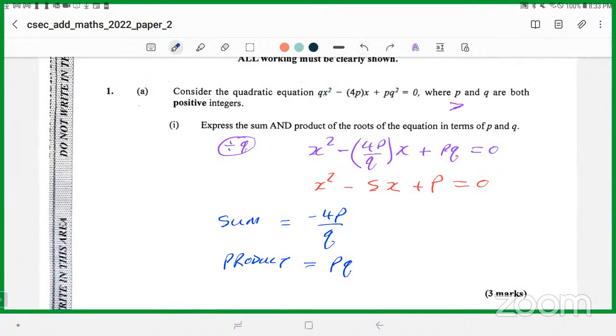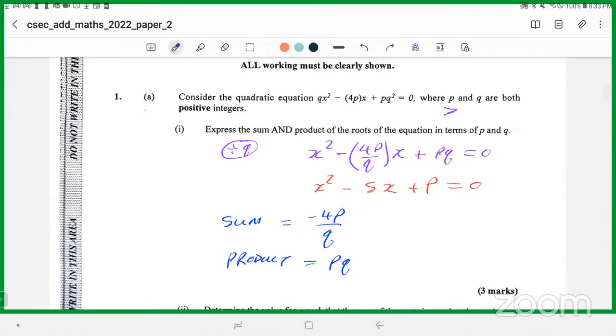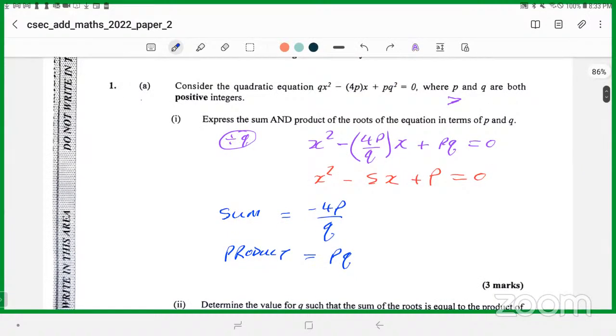So going from there, came on left here and cancel out one of that. pq. That's it. But understand that if you wanted to use minus b over a, you get the same thing for the sum. You'll get minus 4p, because the b will be negative 4p over q, and the minus becomes a plus. So I made a mistake. This is supposed to have the minus, and it is this.